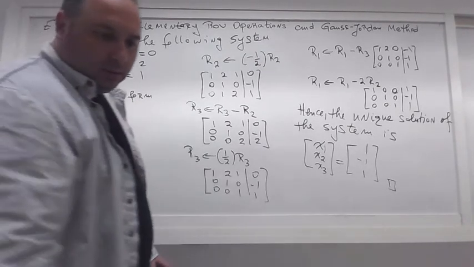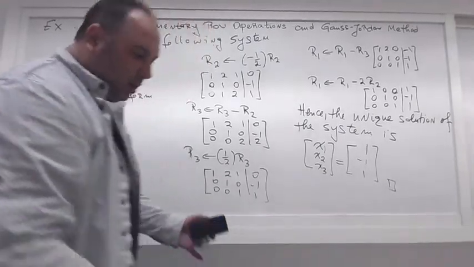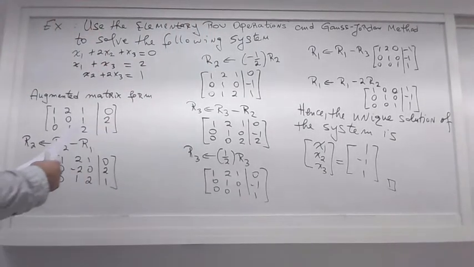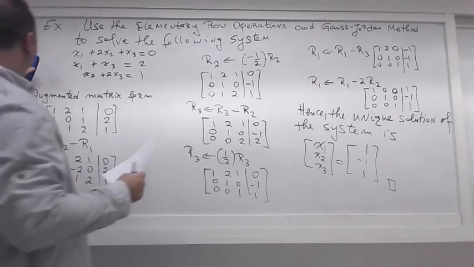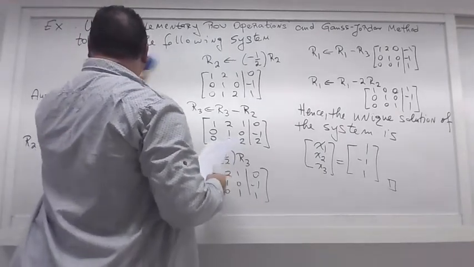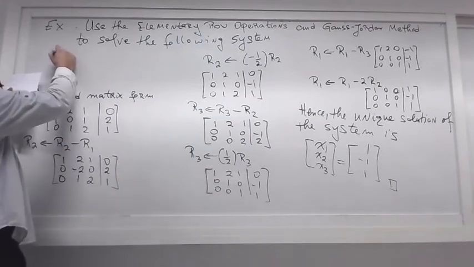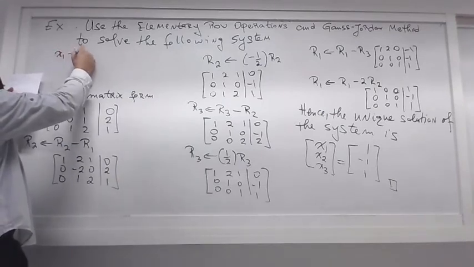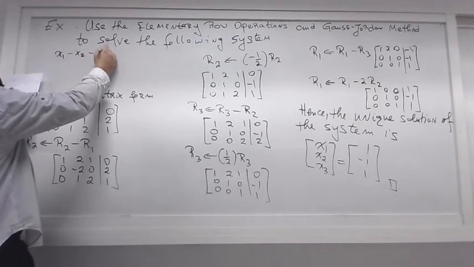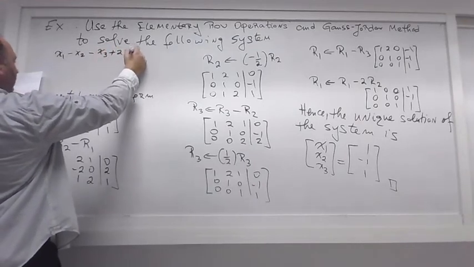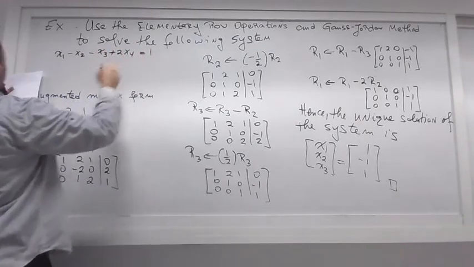Nice. So let's go for the last one. This one is a happy guy. Okay, so we have x1 minus x2 minus x3 plus 2x4, four variables, equal to 1.